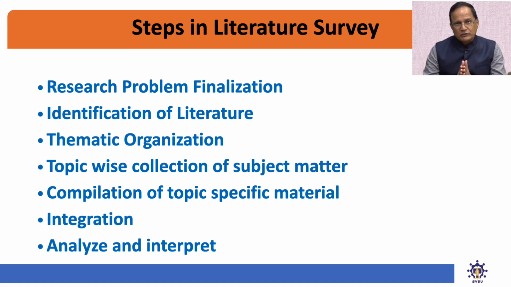So for that purpose there is a need to identify the literature, and once the literature is identified, there is a need to organize that literature in thematic order. Thematic order means the problem, objective and hypothesis of the research will give us a very good idea about the various themes, various factors, various variables involved, and the research methodology, research design and research procedure involved.